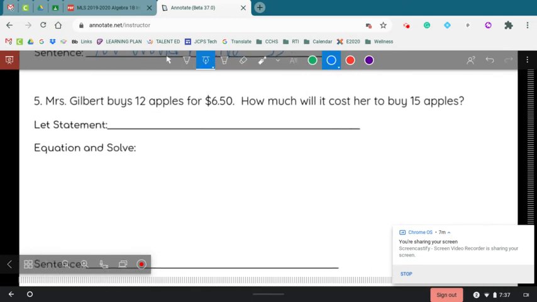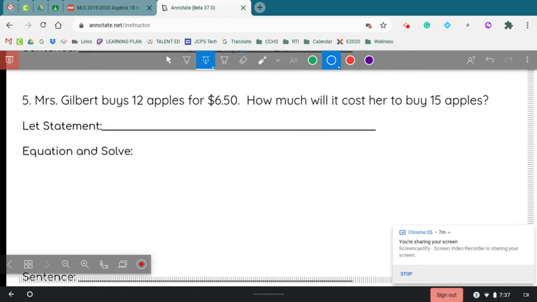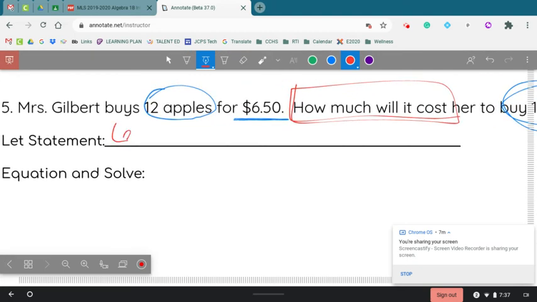Okay, down to 5. It says Mrs. Gilbert buys 12 apples for $6.50. How much will it cost her if she buys 15 apples? So it's asking how much will it cost. So let X equal cost.